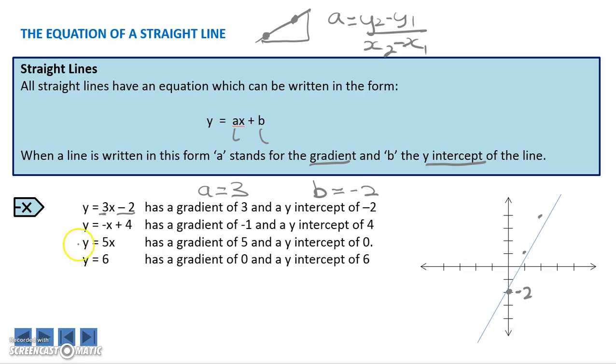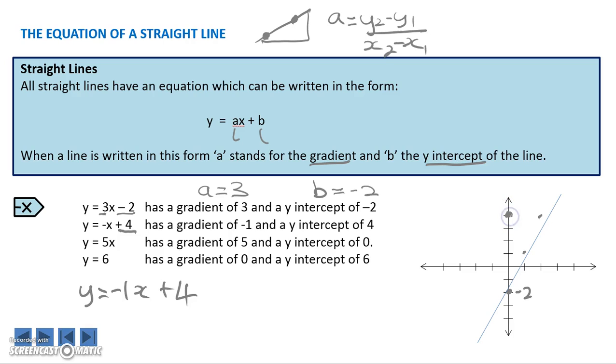Okay, so let's have a look at the next one. We've got y equals minus x plus 4. So we remember that minus 1, we never actually write that, it's assumed. So that's actually got a minus 1 sign there. So our gradient is equal to minus 1, and where it crosses the y-axis is at plus 4.